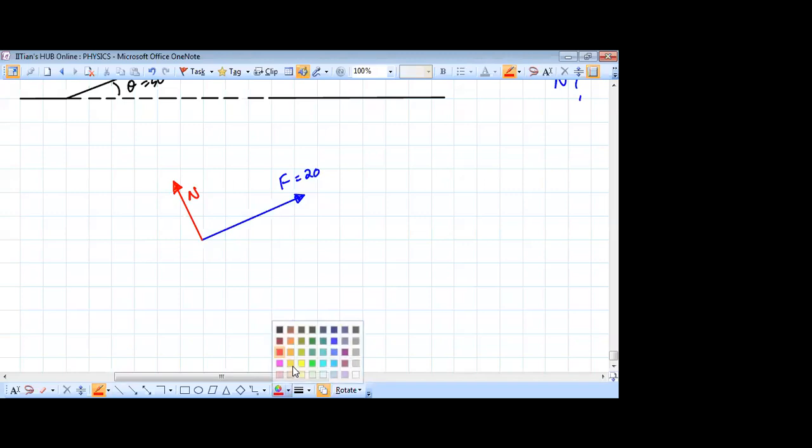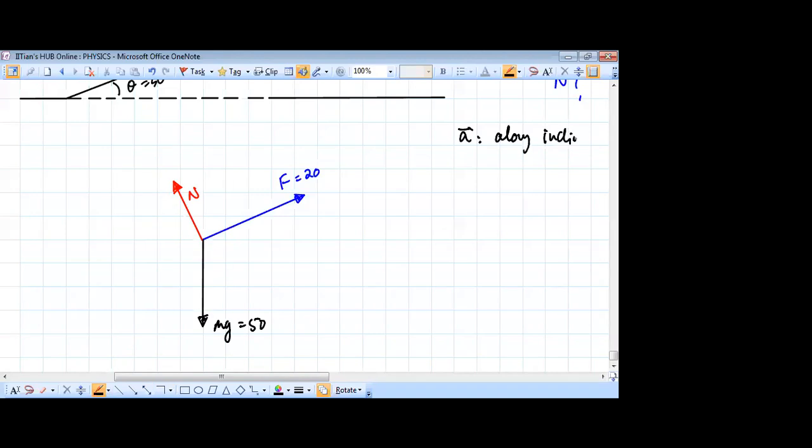And it will have weight, again the way we had earlier. The weight is 15 newtons. Now the thing is, we know that the acceleration will be along the inclined plane.